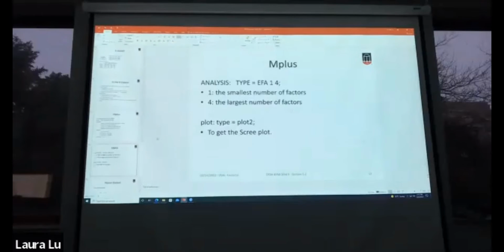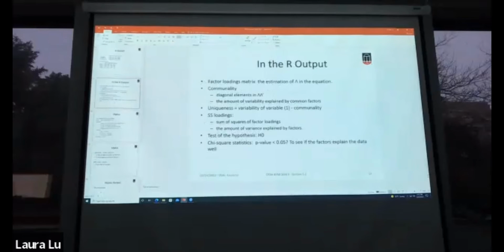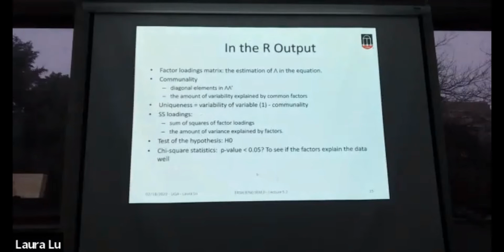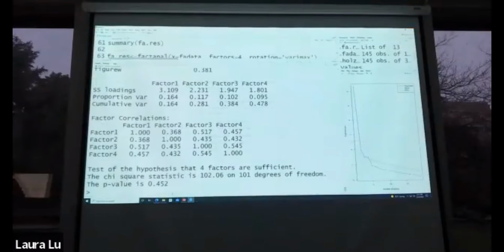And we have the test. The test of the hypothesis that 4 factors are sufficient. The chi-square test is this number on these degrees of freedom.